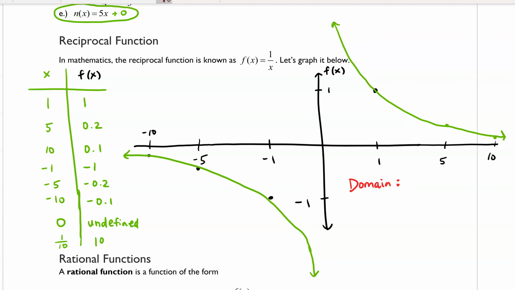Therefore, when we're writing the domain in interval notation, we would basically say that it's everything except for 0. That's how you would write it as a sentence, but in interval notation, that would look like this. So -infinity to 0, union 0 to infinity. All right, and again, let me just write that as a sentence. We could say like everything except x equals 0.